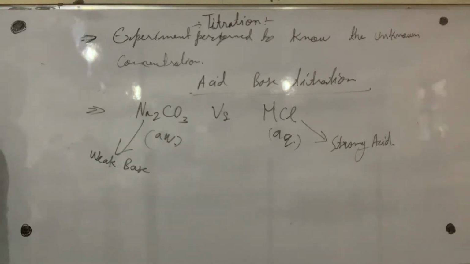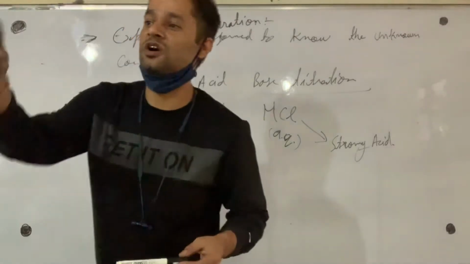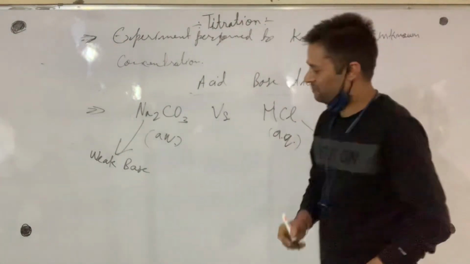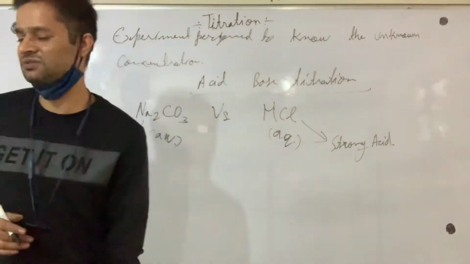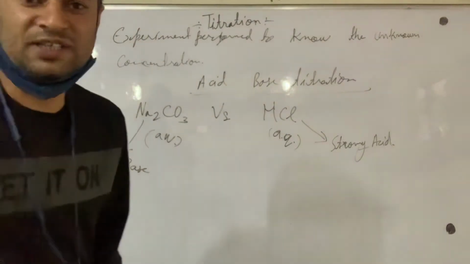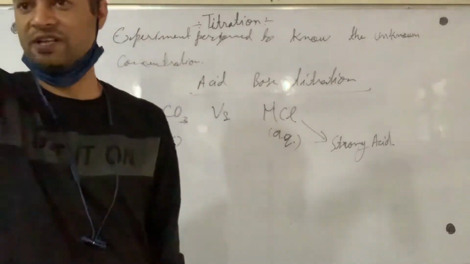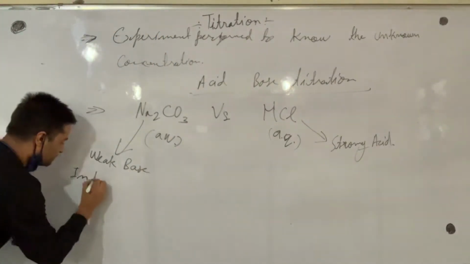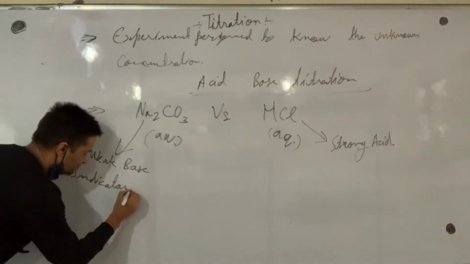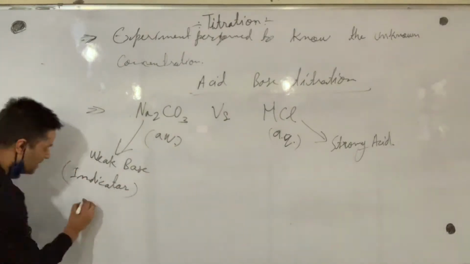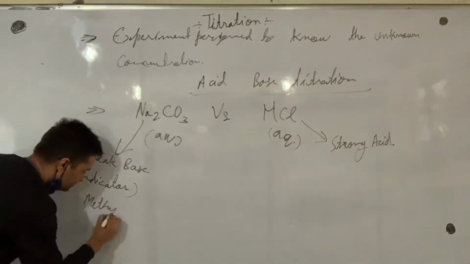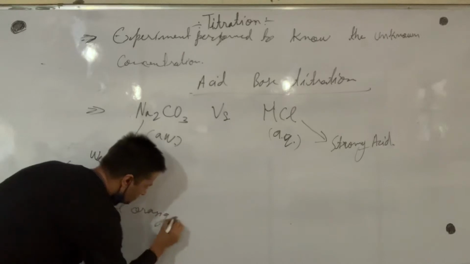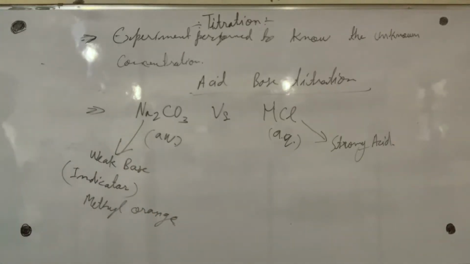To know the end point, meaning when we have to stop adding the solution from the burette. So for almost every weak base we use methyl orange. This is our indicator, methyl orange.